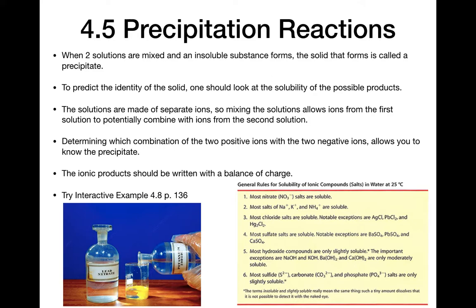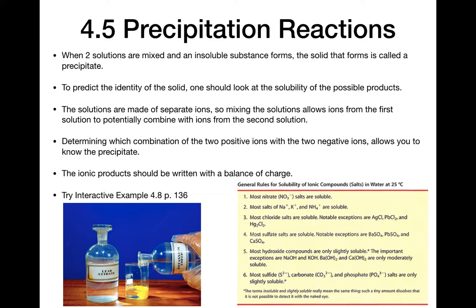When it comes to chlorides, chlorides are generally soluble with the exceptions of silver chloride, lead 2 chloride, and mercury 1 chloride. And then we have sulfate salts, which are also fairly soluble, but barium, lead, and calcium do not dissolve with sulfate.